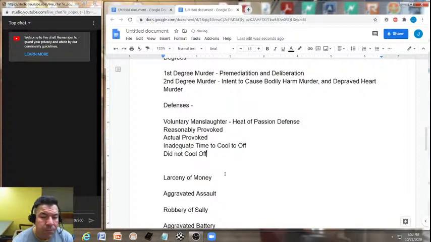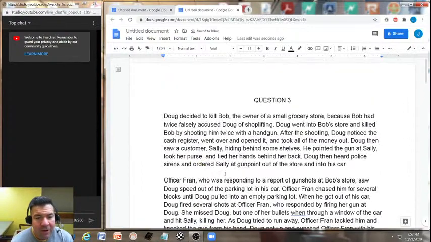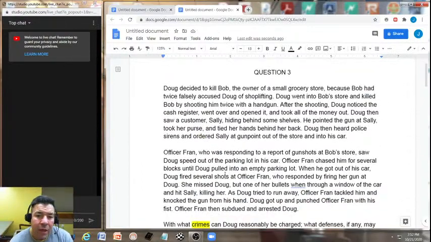Which we could say, coming back up to our facts here again, this is what Doug believed: that Bob believed that Doug had shoplifted, and therefore Bob twice falsely accused Doug of shoplifting.